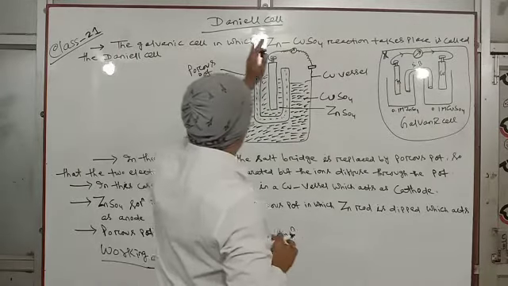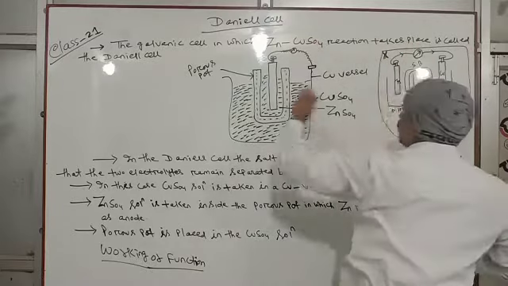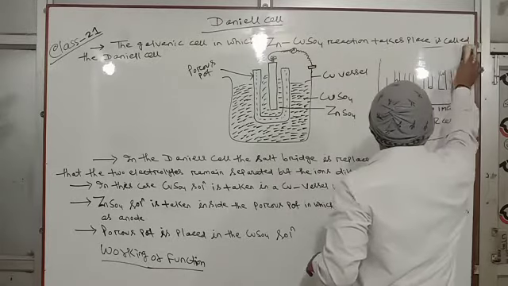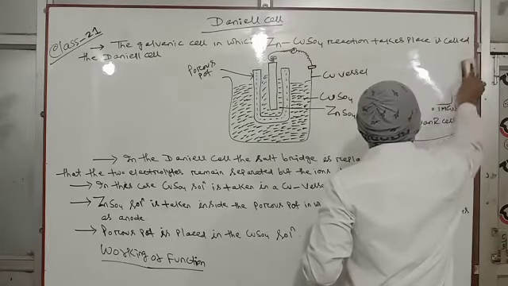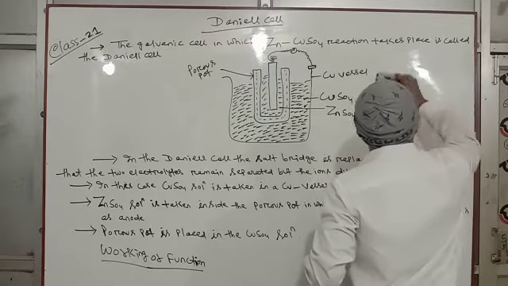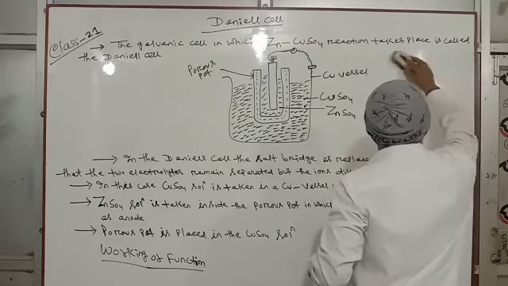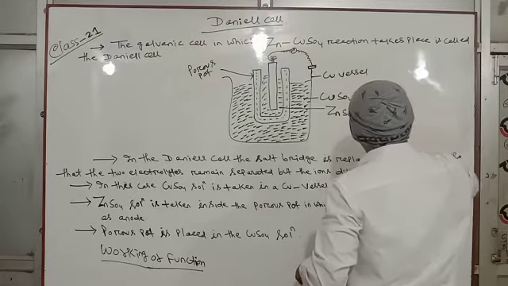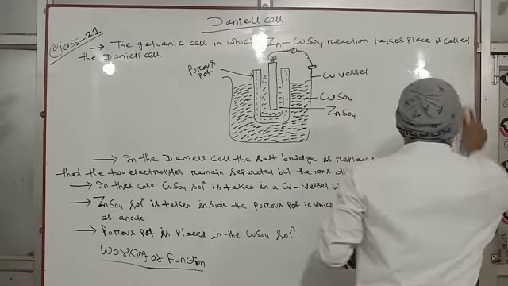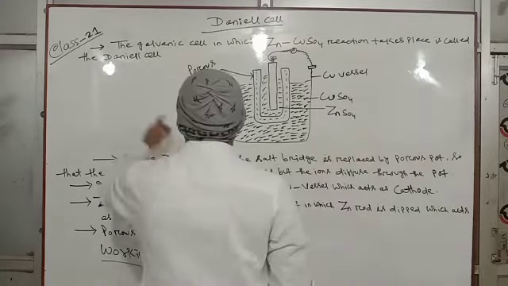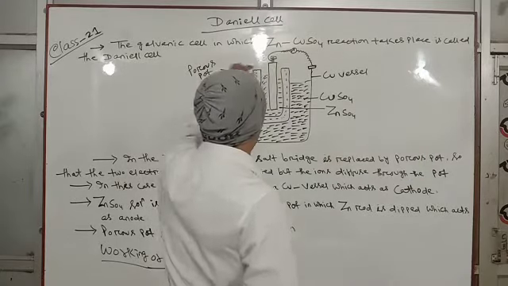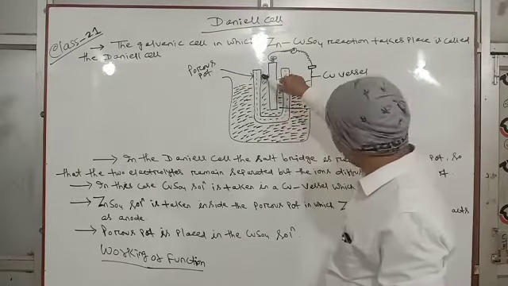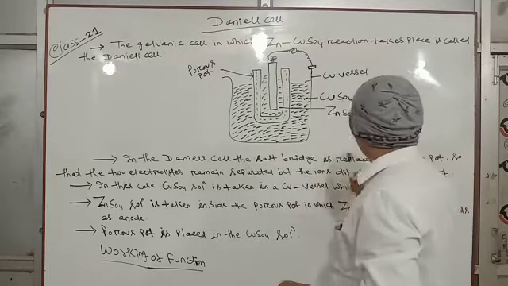Look, this is the porous pot. In the Daniel cell, the salt bridge is replaced by a porous pot.